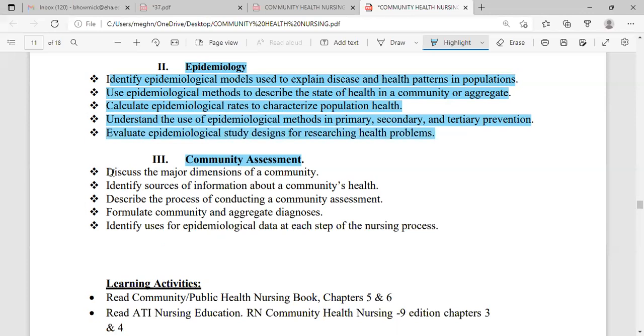Community assessment includes: discuss the major dimensions of community, identify sources of information about community health, and describe the process of conducting a community assessment. Also formulate community and aggregate diagnoses. Identify use of epidemiological data at each step of the nursing process.